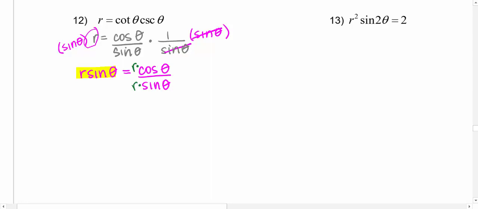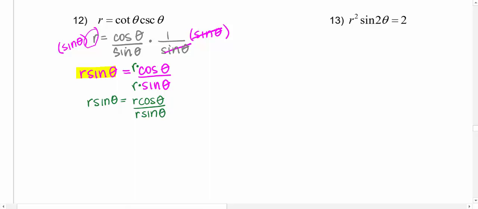And you've got to feel a little bit more comfortable manipulating in what you need. So I need r cosine theta or r sine theta, and so find a way to make that happen legally, mathematically. So I can multiply by r over r. That's really just 1. So now I have r sine theta equals r cosine theta over r sine theta.